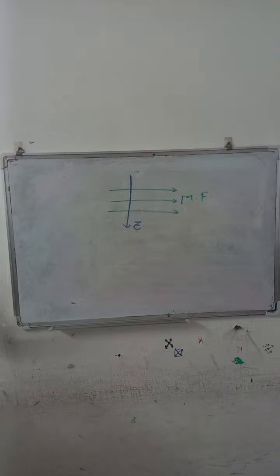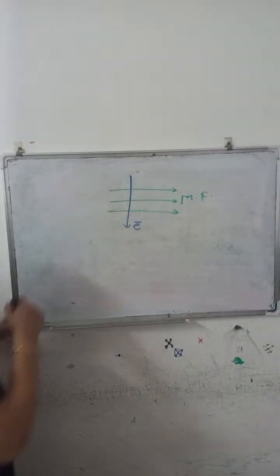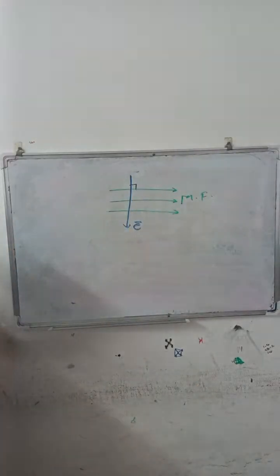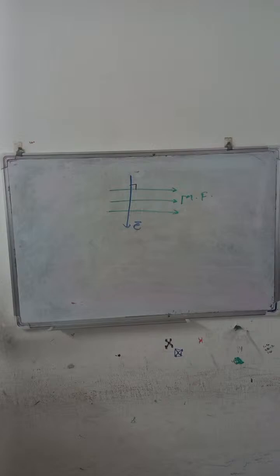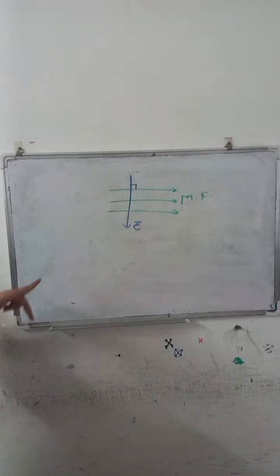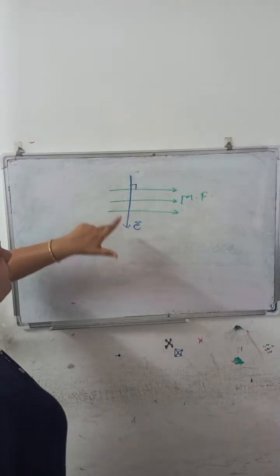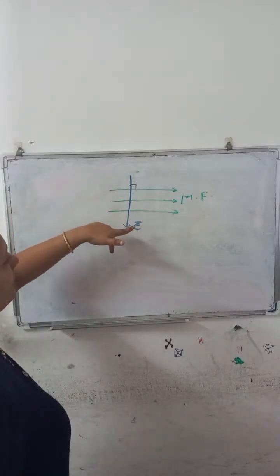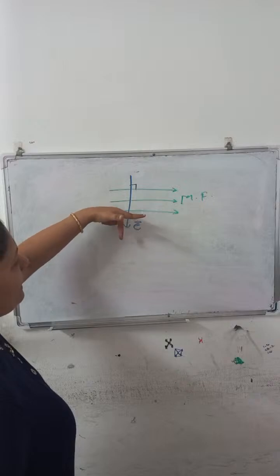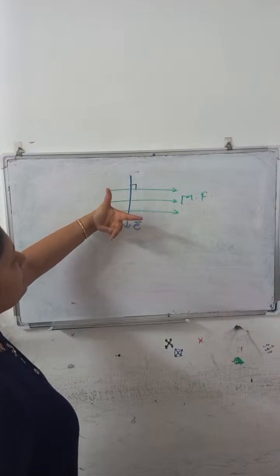As the electron is going in the downward direction, the force is directed into the page, because they are saying the electron enters the magnetic field at a right angle, that is, a 90-degree angle over here. If you take Fleming's left hand rule, the force is going into the page. The current is going downward, this is the magnetic field, and this is the force.